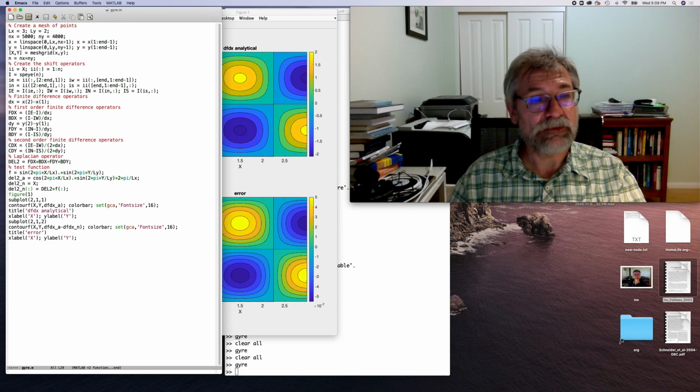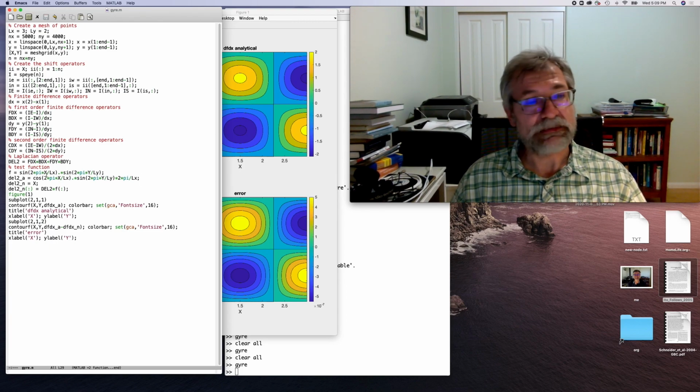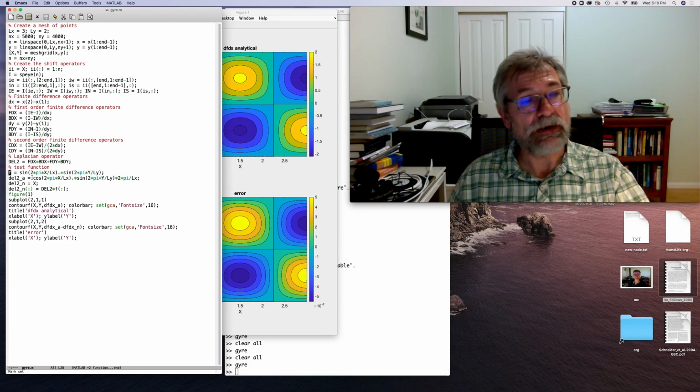We have to do the analytic one. So fortunately I picked functions that are easy to differentiate twice. If I do two derivatives of the sine function, I'll get back minus sine, with the chain rule, the square of the factor of the x, plus I'll get a second derivative of sine, which will again give us a sine when I do the d by dy. So in fact I get back a function that's proportional to f. I just have to multiply by the square of the factor.